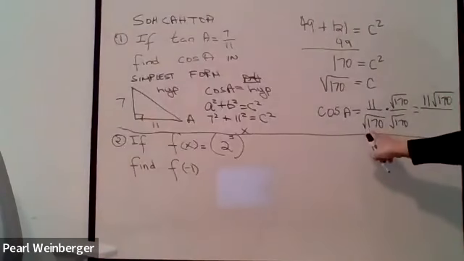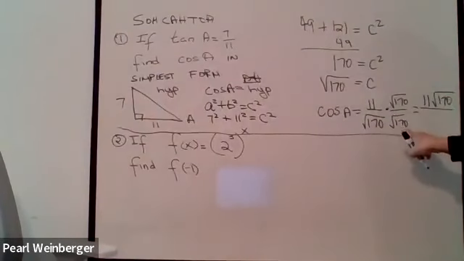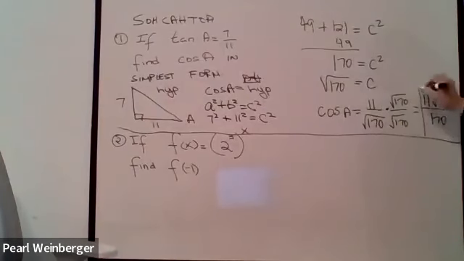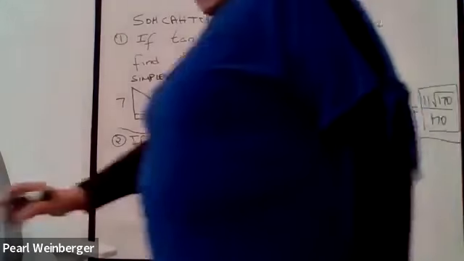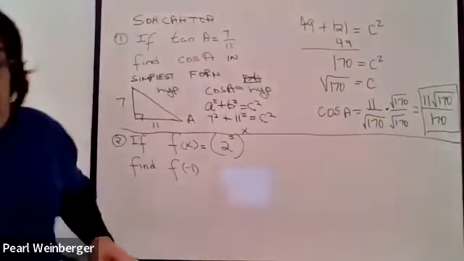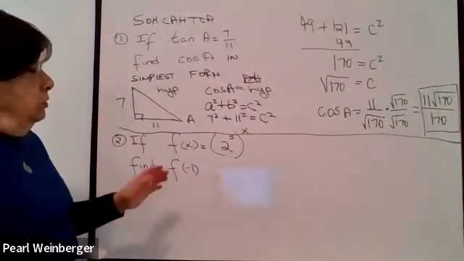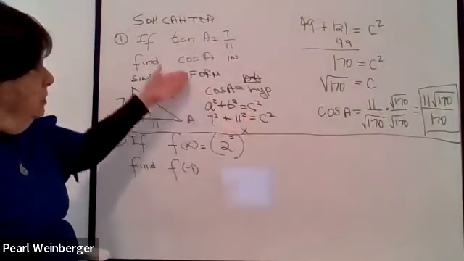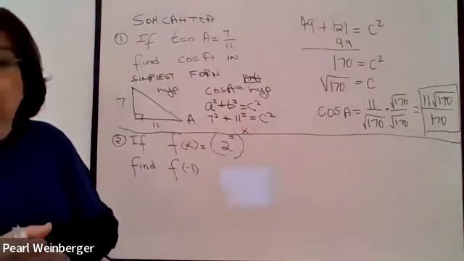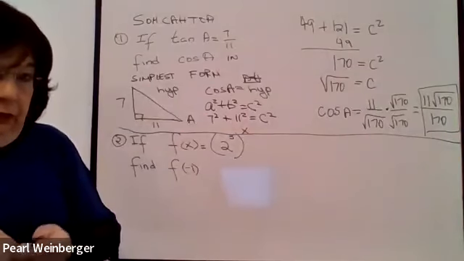And of course, when we multiply radical 170 by radical 170, it just gives us the 170. Remember, we spent time doing radicals. So my answer for this question would be 11 radical 170 over 170. Again, I was not asked to do this in decimal form. So therefore, just in simplest form, this is what we would have given as the answer.